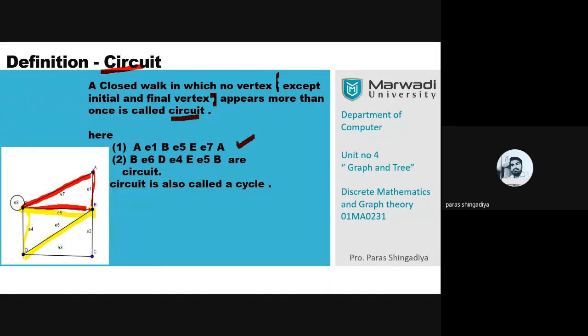It is a closed walk where no vertex is repeated except the first and last. Except the initial vertex and final vertex, which are repeated, no vertex is repeated in between.